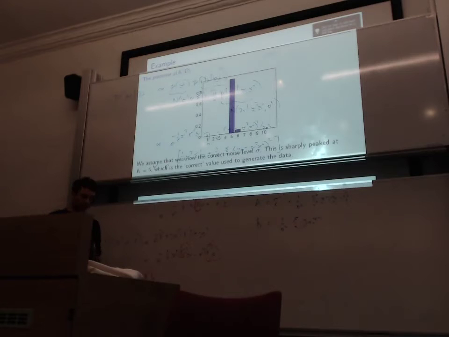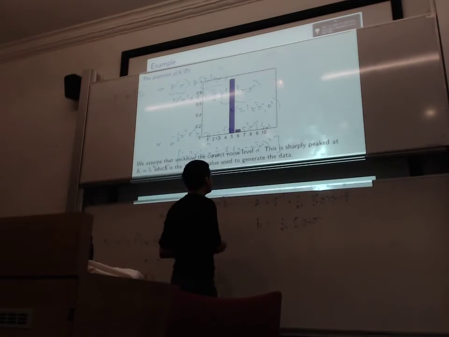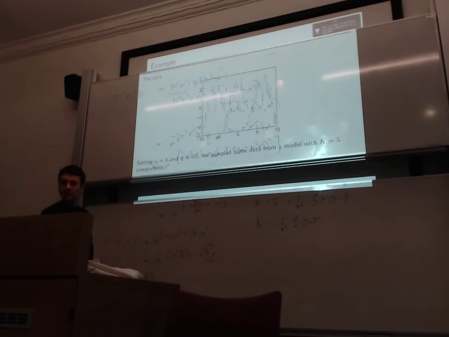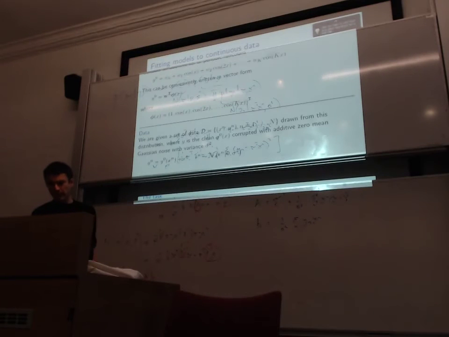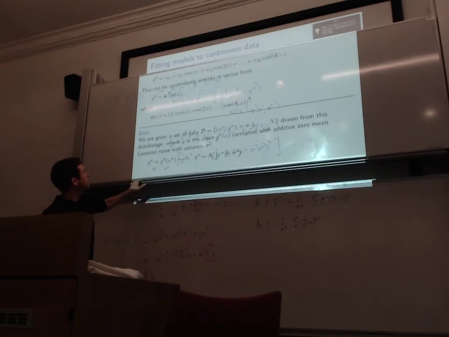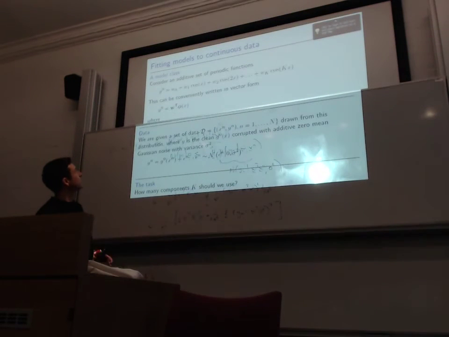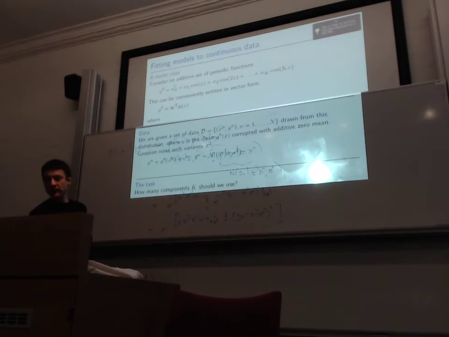Okay, so what I can do then is, if I go back to here, if the clean signal y0 is given by W transposed phi of x, then the average clean signal is given by the average W transposed times phi of x.